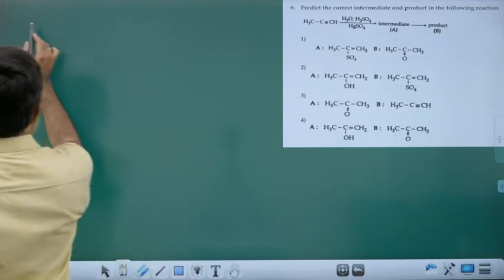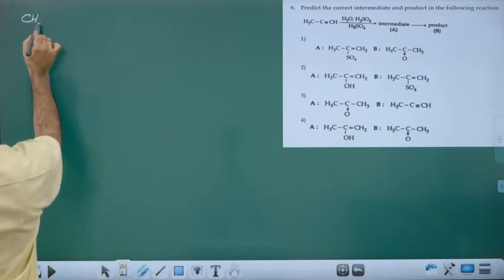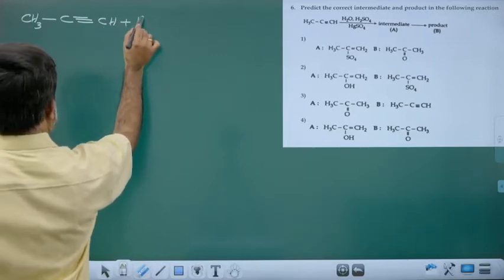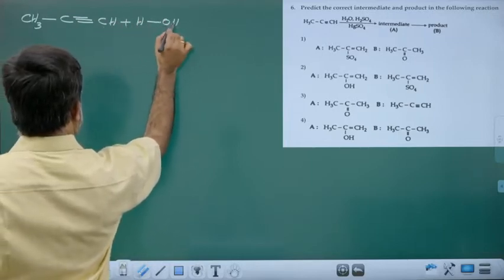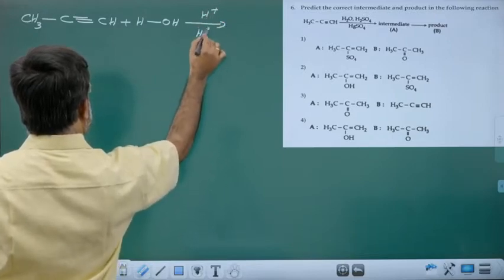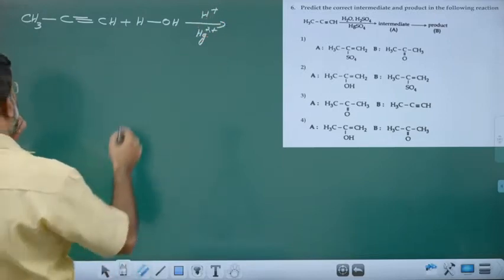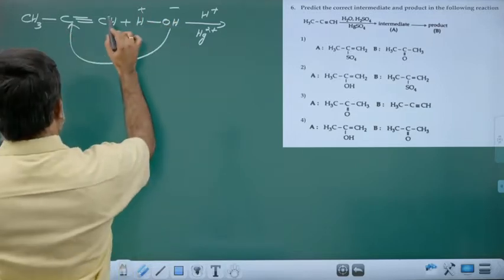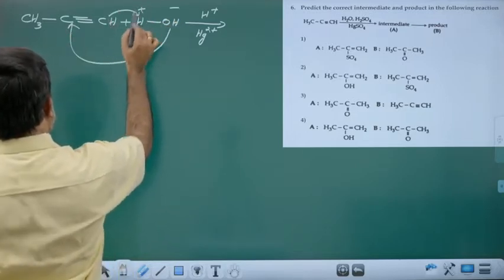See, propyne interacts with water: CH3, C triple bond CH, with water in the presence of sulfuric acid and mercuric salt. There will be Markovnikov addition. OH minus will come here and H plus will come here.